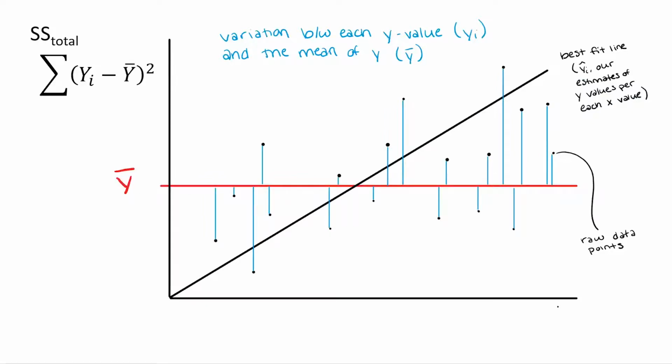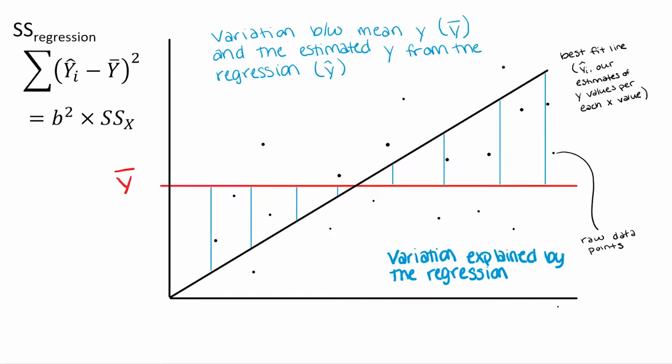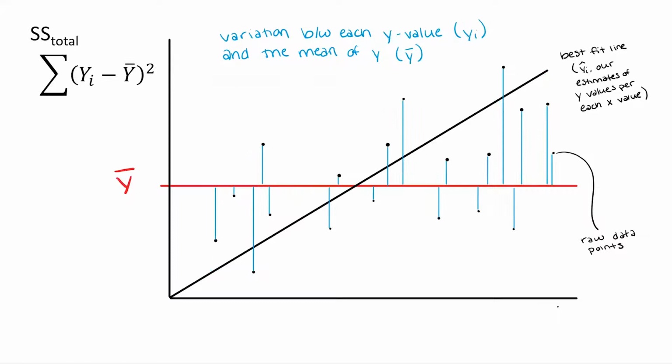And here are those described graphically. So sum of squares total is the variation between each y value and the mean of y. So each point and the mean of y, which is that red line.